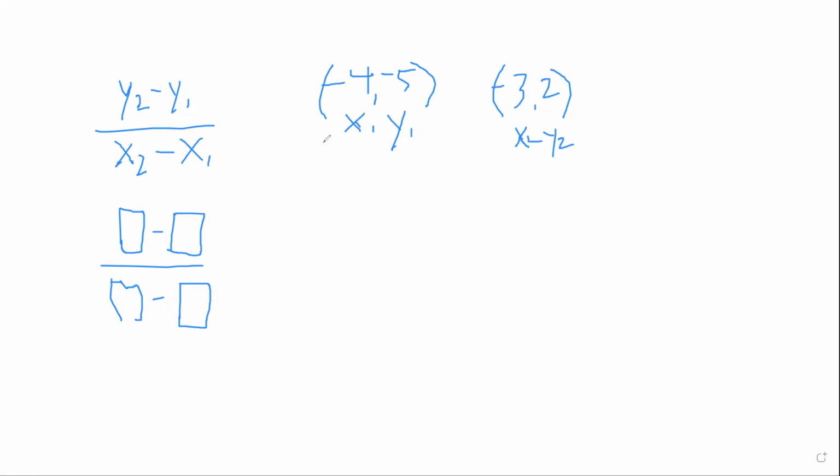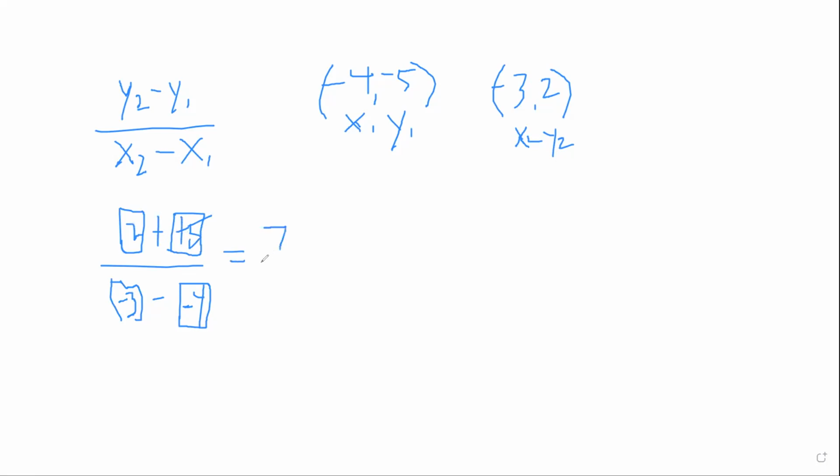So y2 is 2, y1 is -5, x2 is -3, x1 is -4. This is a good example on both of these why you need to keep all these signs in here, because now this top part becomes keep, change, change.